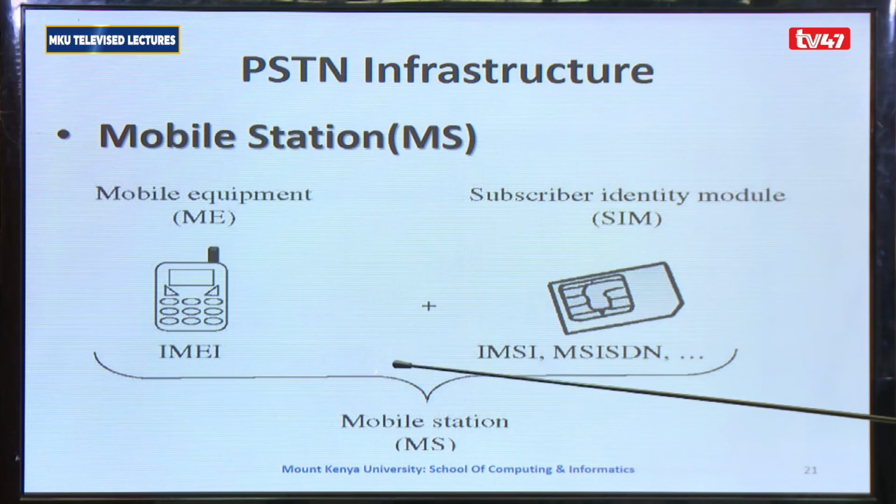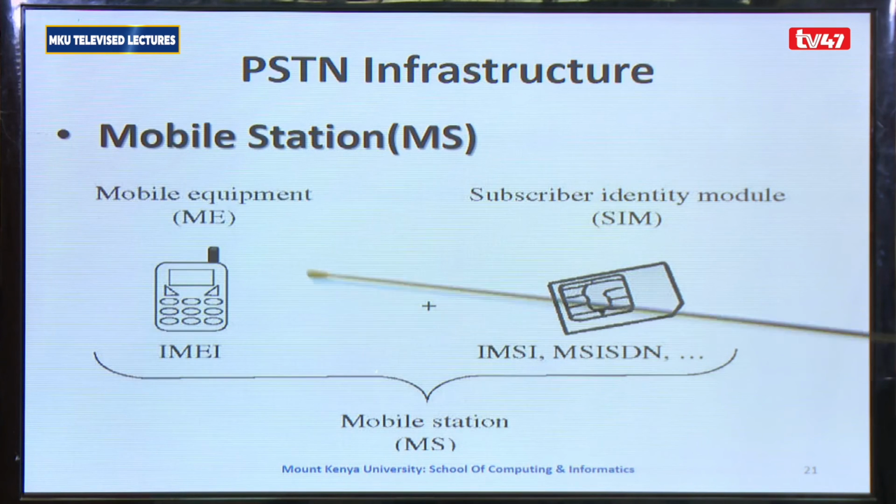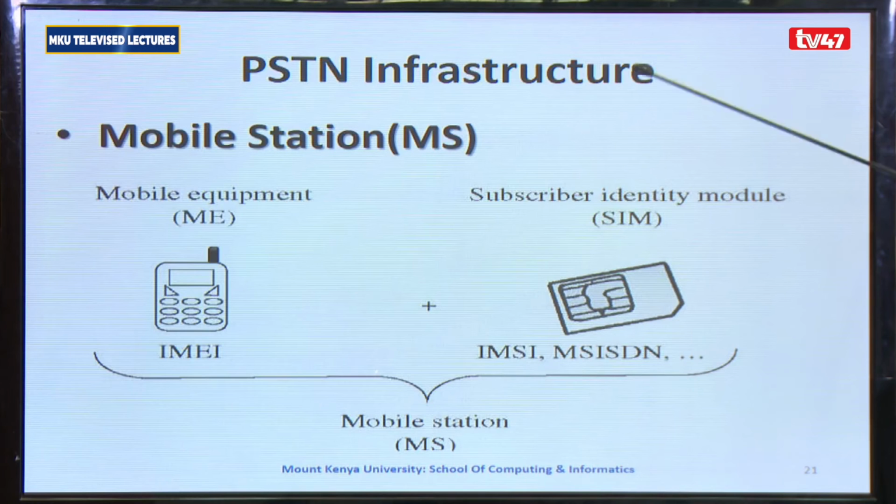In simple terms, those two are what we call the mobile station, MS. That is the combination of the mobile equipment and the chip implanted within, which gives identification to the user, gives ease of accessing the network, and also allows the user to be found during communication.